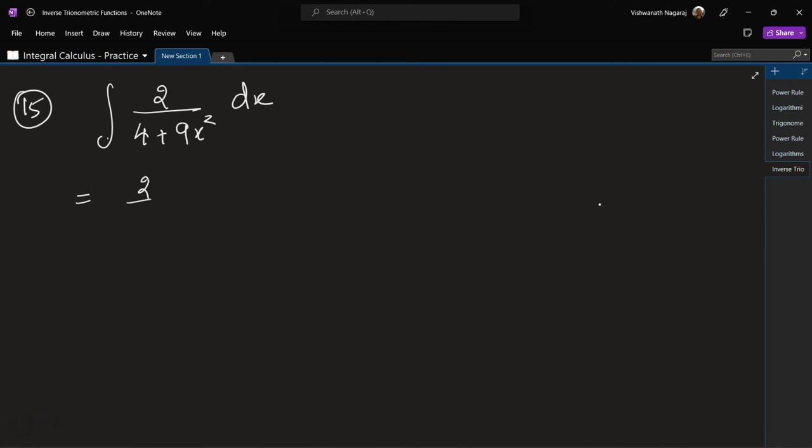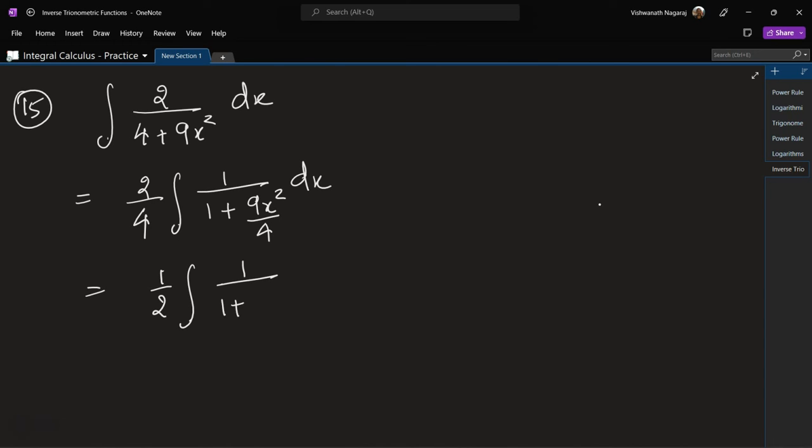which gives us 2 by 4 integral of 1 by 4 we have taken out, so we have 1 plus now 9x square by 4 dx. So this becomes 1 by 2 integral of 1 by 1 plus, and we have to convert it into a proper square.